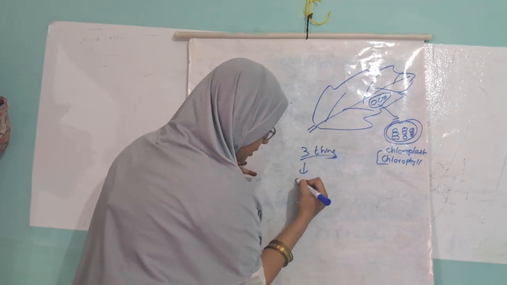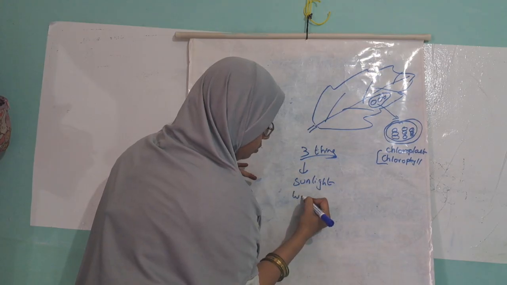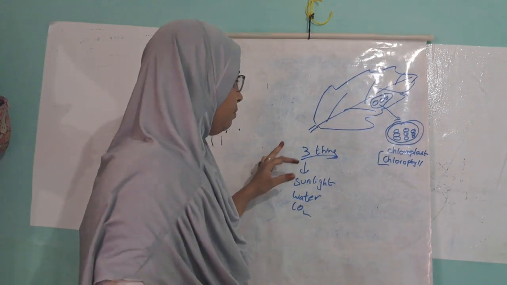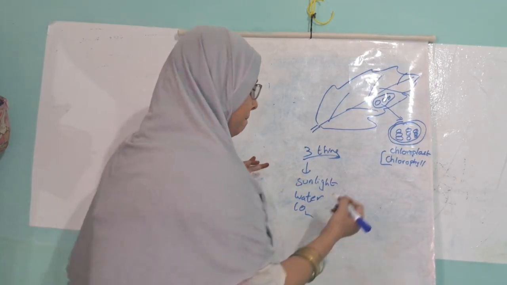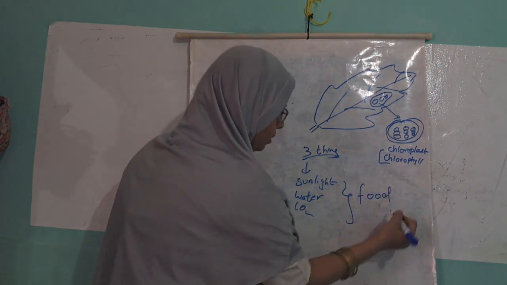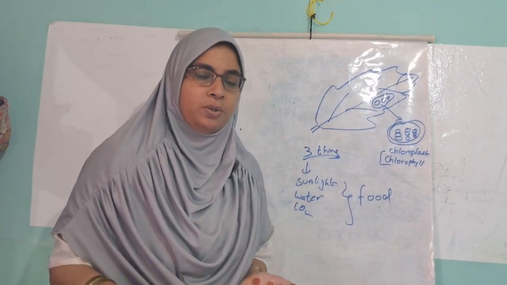One is sunlight, water, and CO2. By using these three things, a plant prepares food by the process of photosynthesis.